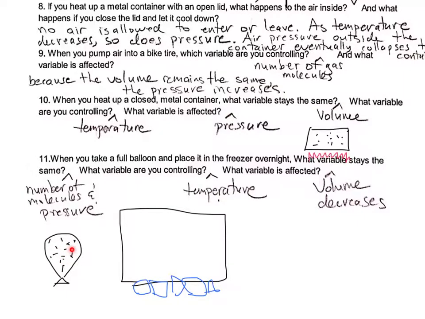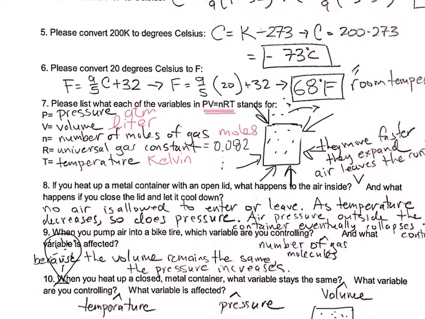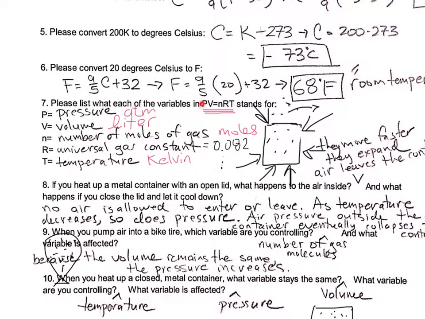Okay, so let's take a look at our ideal gas law. Uh-oh, the balloon is not moving. Let's take a look at this. What we're doing is the number of molecules stay the same. R always stays the same, but we're decreasing the temperature. So if this decreases, something over here has to decrease. Okay.